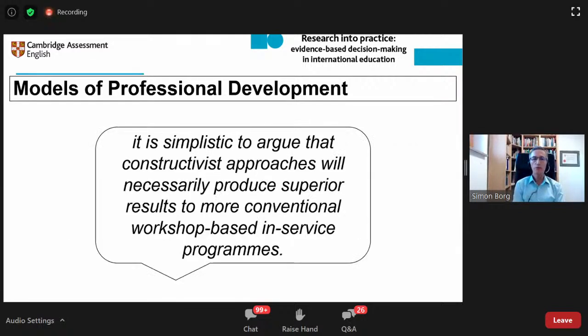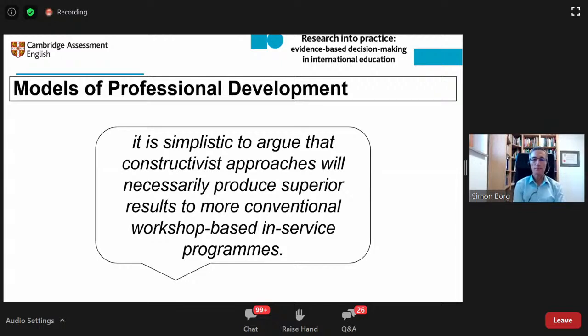So a couple of quotes quickly just to build on the points I've made so far. This one says simply, it's simplistic to argue that constructivist approaches will necessarily produce superior results to more conventional workshop-based in-service programs.